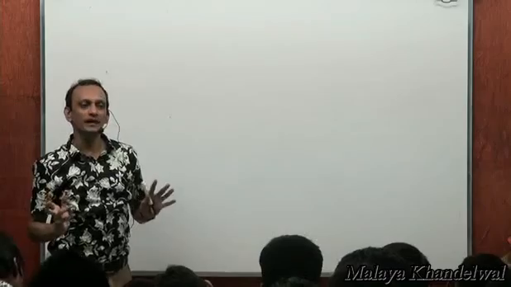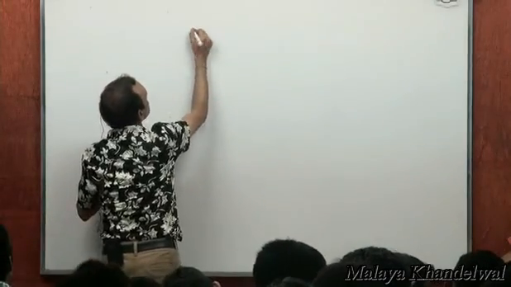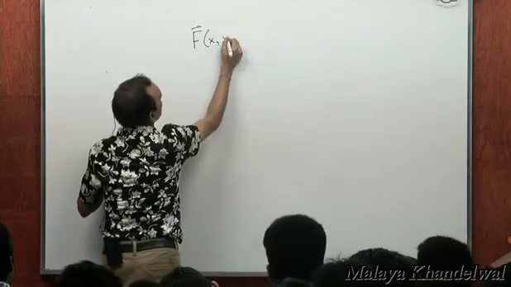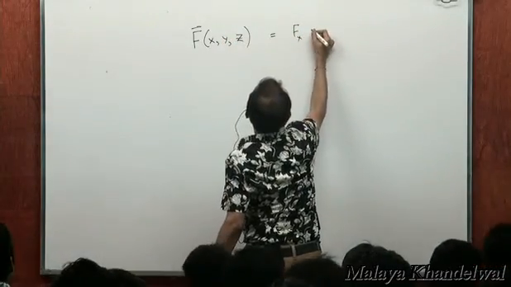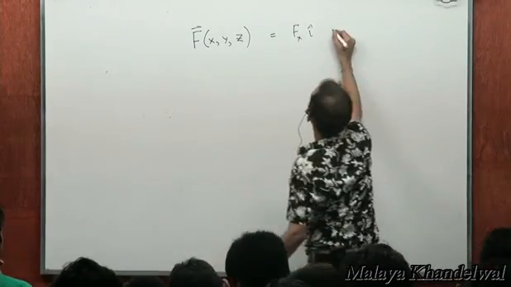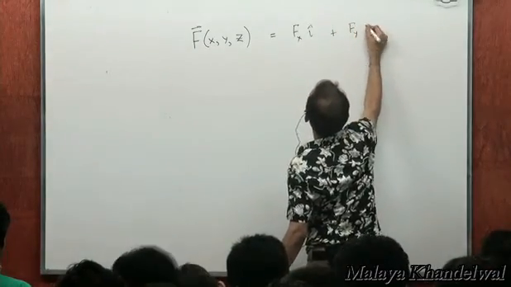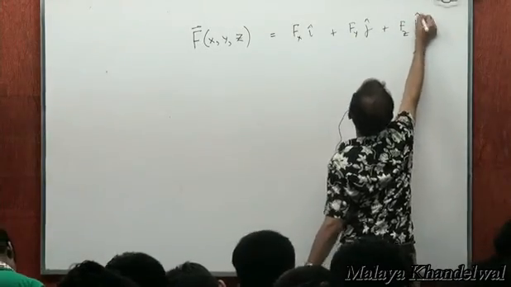Say f, the force vector, is a function of x, y, z. It will have an x component which will be a function of the position of the particle x, y, z. It will have a y component f y. It will have a z component f z, k cap.